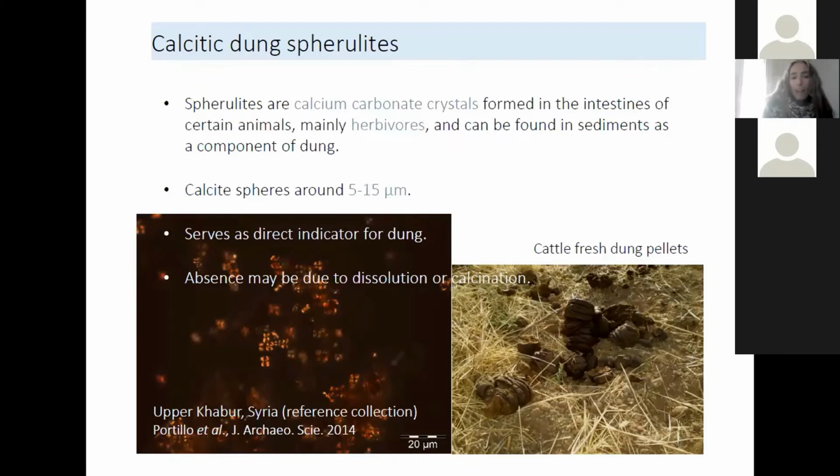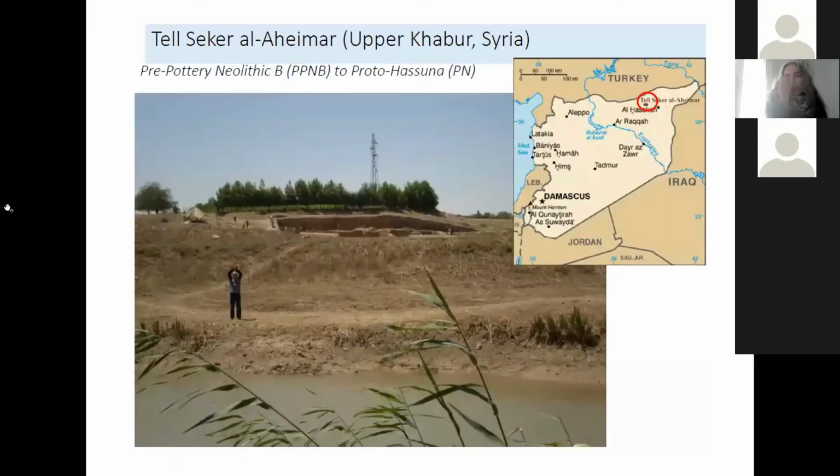Here you have some examples from the Barcelona reference collection from ruminants, especially. And for showing the application of these micro remains, here there's a case study in the Upper Khabur in northeastern Syria. We worked together with a Japanese team from the University of Tokyo, led by Professor Yoshiro Nishiaki.